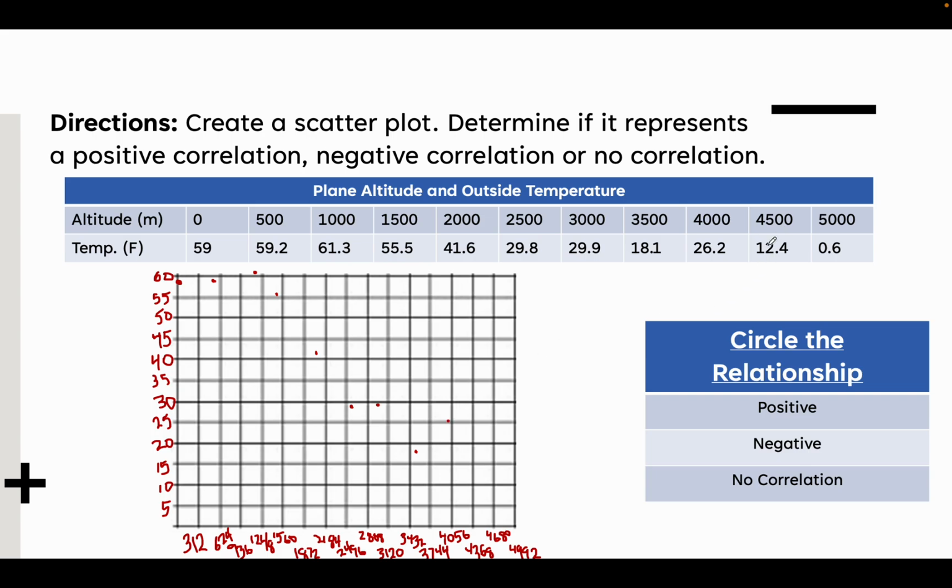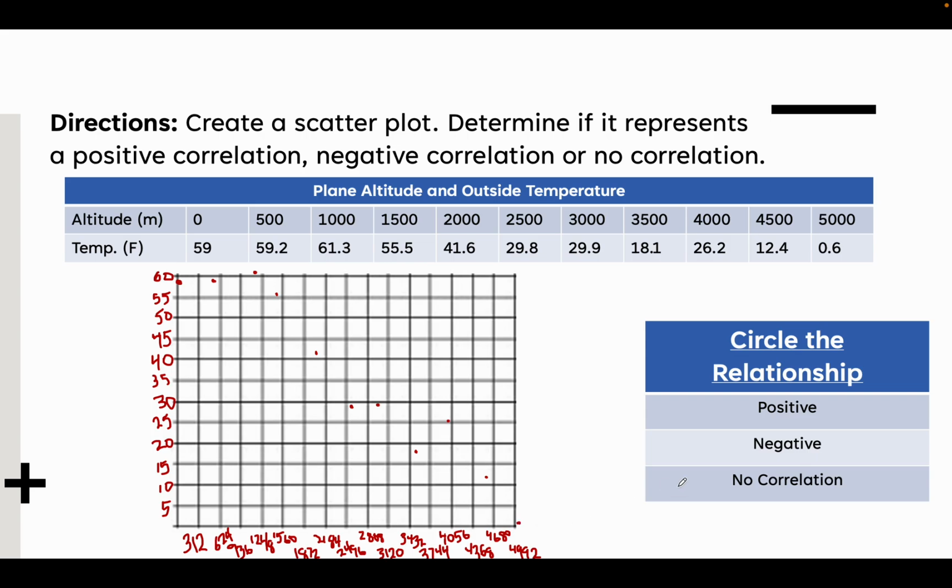And then my 4500 line is right here. It's about right there, and that would be 12.4. And my last one, 5,000, just after the line at 0.6. 0.6 is down here.